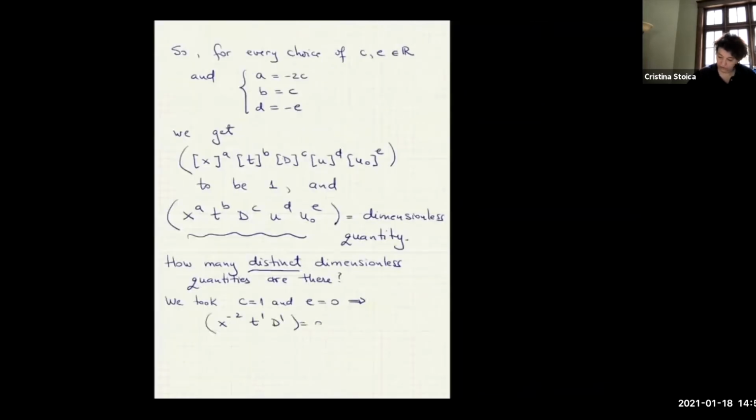So this is dimensionless, and let's call it pi 1.